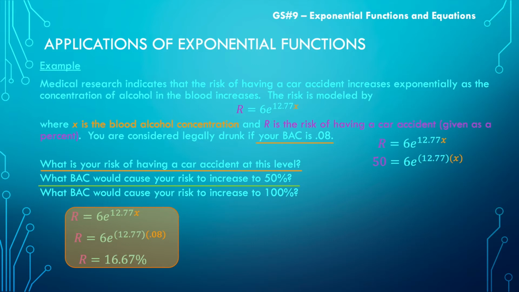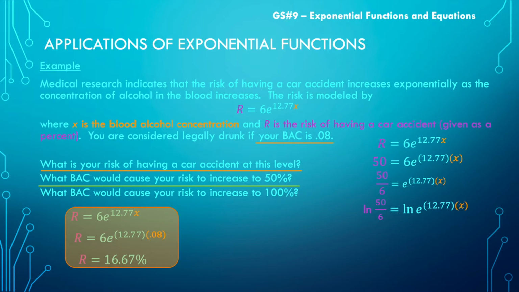So I'm going to work from the outside in to get to that x. First, I'm going to get rid of the 6, and I would get rid of that 6 by dividing everything by 6. And then I would get rid of the e. Remember what we do to get rid of the base of e? We're going to take a log with the same base, which is known as ln. So ln of both sides, ln of 50 over 6 is equal to ln of e to the 12.77 times x.